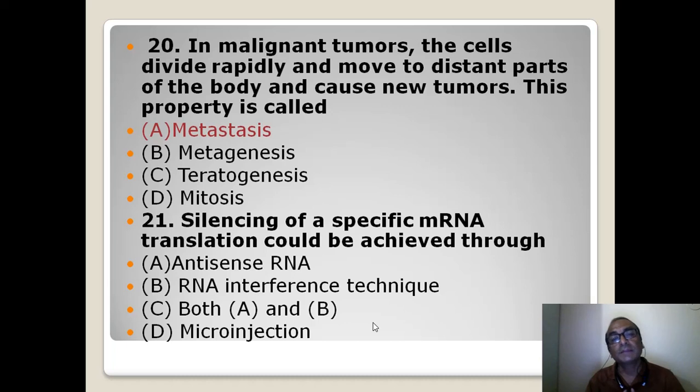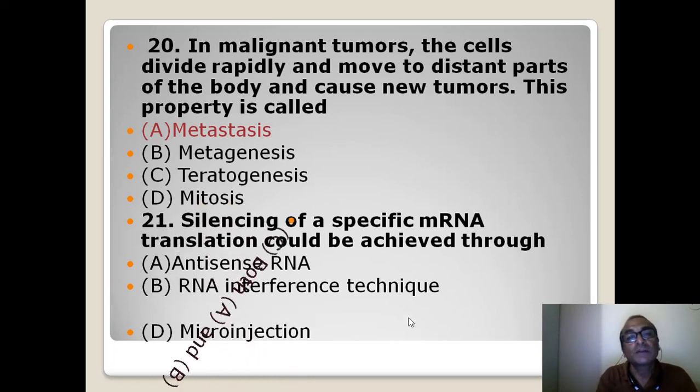With that, we can make the plants resistant to the root nematodes. During this technique, antisense RNA goes and blocks the mRNA in the parasite, that is in the nematode gut cells. So therefore, both A and B will be the right answer.